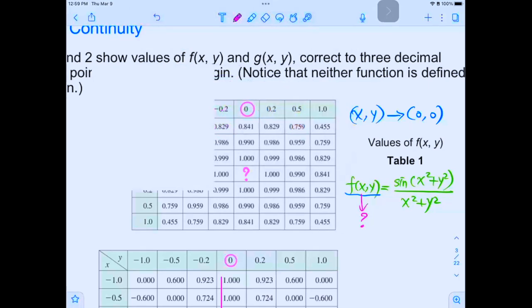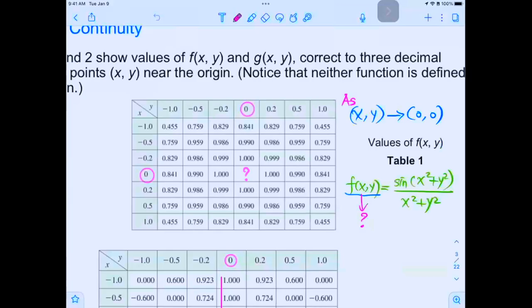So as x comma y approaches, okay, I'm trying to fix this. So you see that, what are we interested in? We're looking for x comma y approaching 0, 0. And what is the function here?